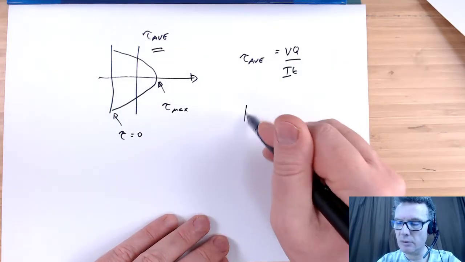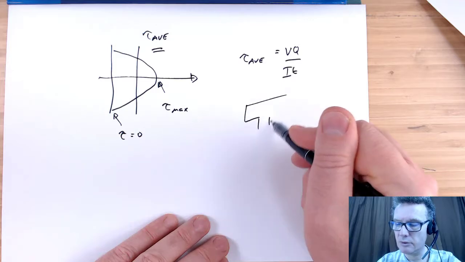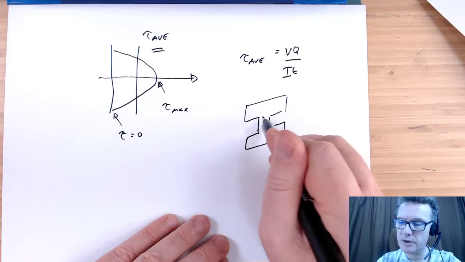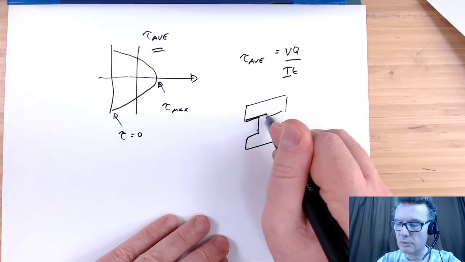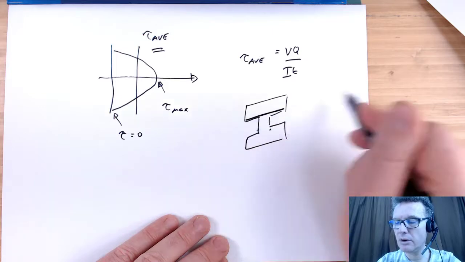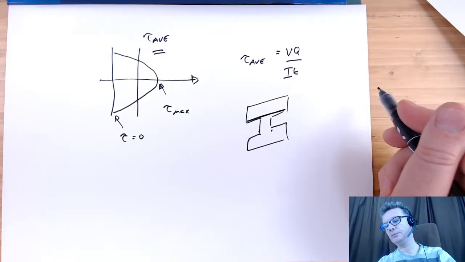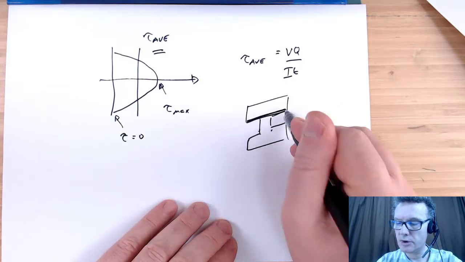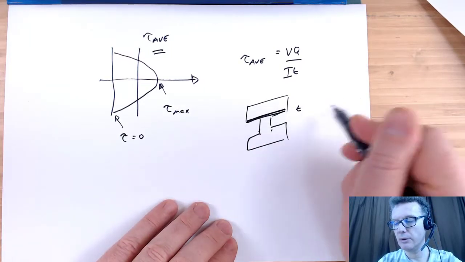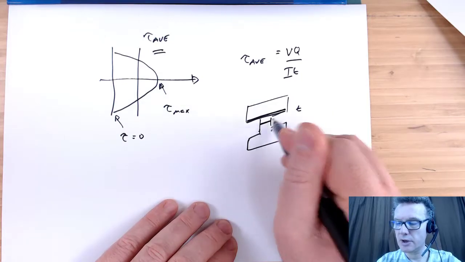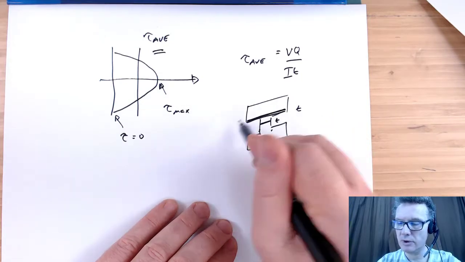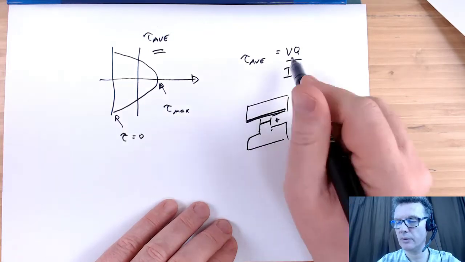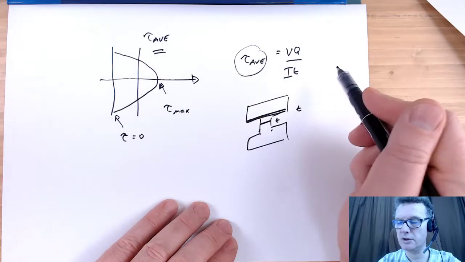What they're saying is that when we are looking at something a bit more complicated like an I-beam, I can tell you what the shear stress is going to be across that width, t. So that's referring to the average shear stress across the width. That's what that notation is about.